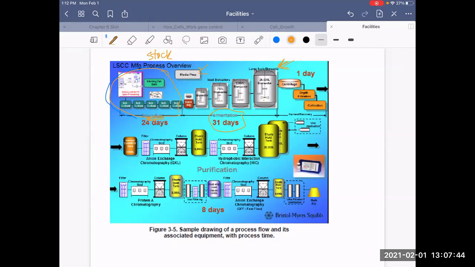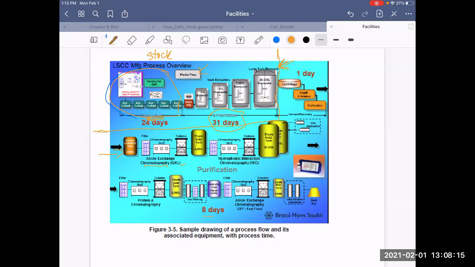Okay, so then they're going to centrifuge and they're going to filter and they're going to try to collect the product. Okay, and then we're coming down here and all of this. So this is all upstream. Okay, and then we're downstream. So downstream, what we're going to start doing is we're going to start doing chromatography, which we'll talk about. Okay, and then they use chromatography columns, and there's going to be different kinds of columns, which we'll actually do most of these in lab.